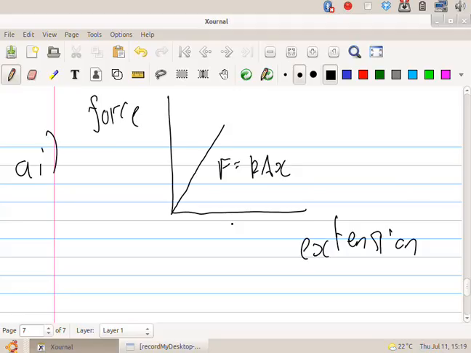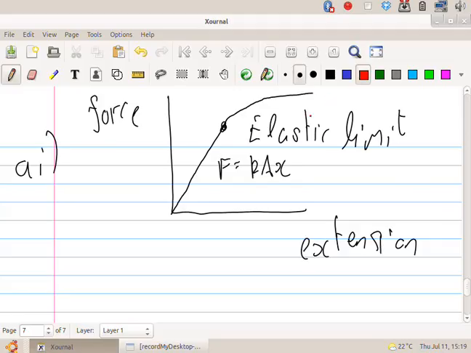So you stretch it until you reach one point here, which is called the elastic limit. And then it goes flatter here. This region here is called the plastic region. That's when you stretch it and it doesn't really stretch back.